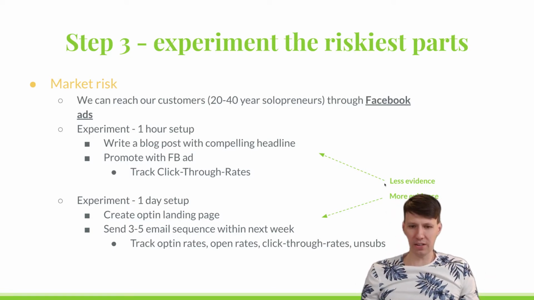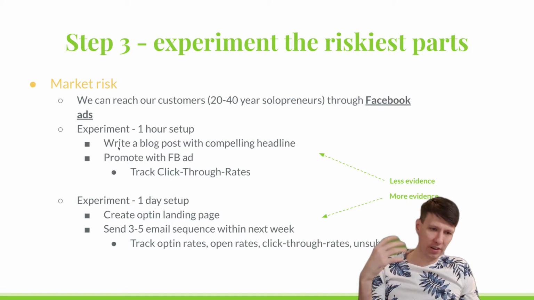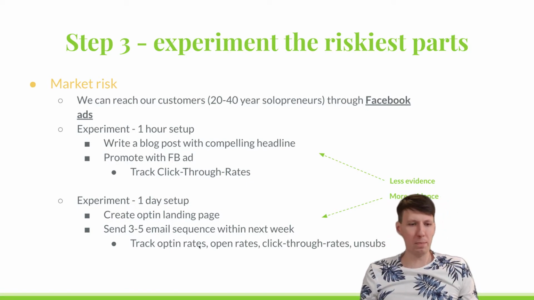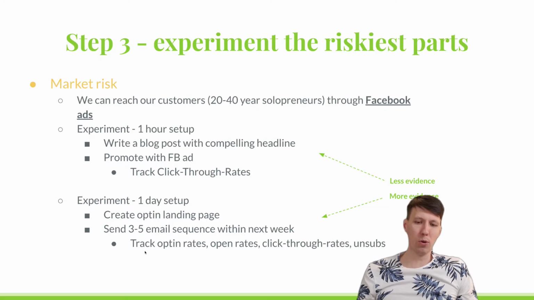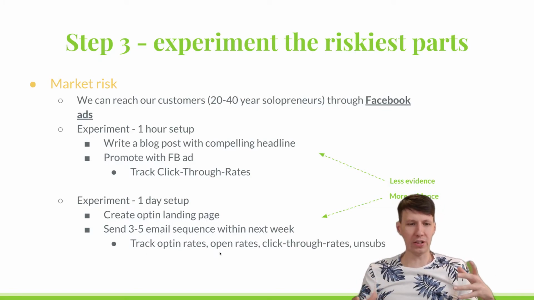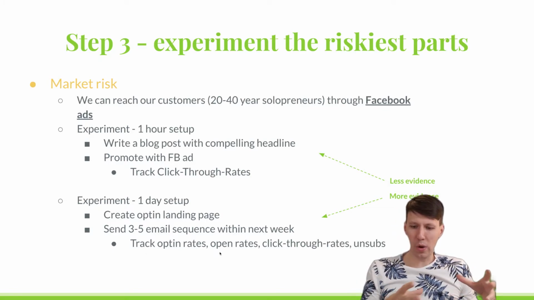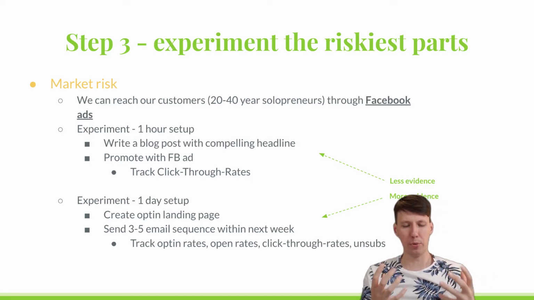Of course, there's less evidence, but if that looks good and people start to click, then you can make an opt-in page, a lead magnet, and automate some emails in a CRM, and track open rates and how many people download the ebook, etc.